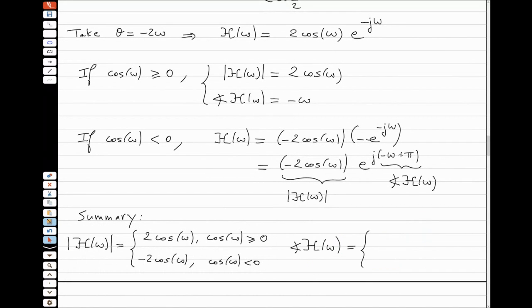And the other one is minus omega and minus omega plus pi. Okay?